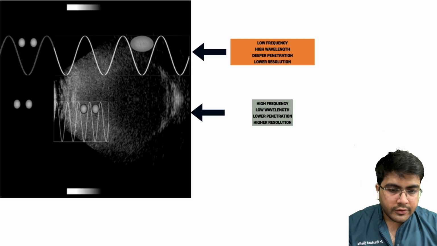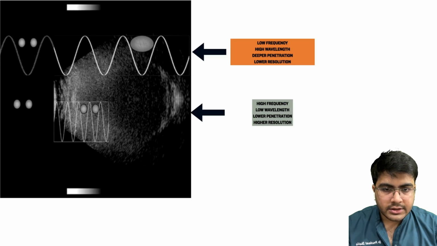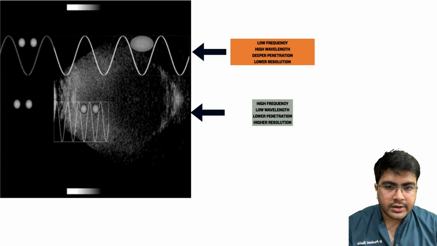ultrasound waves. If you have low frequency ultrasound waves, the wavelength becomes very high, and this leads to deeper penetration of the ultrasound waves, but it cannot detect finer structures, and this leads to lower resolution.